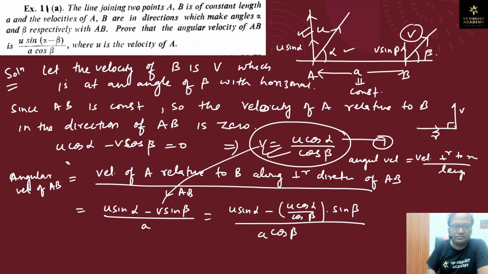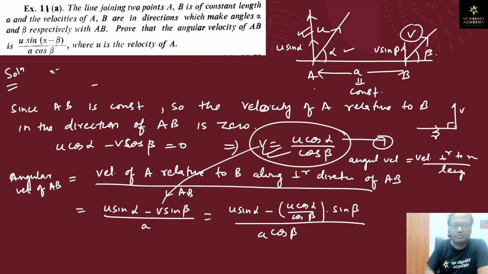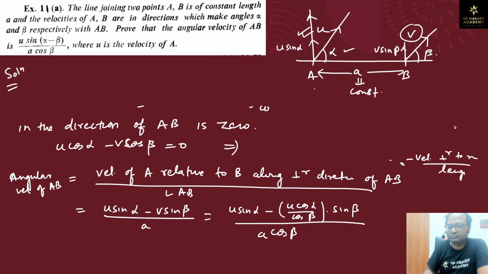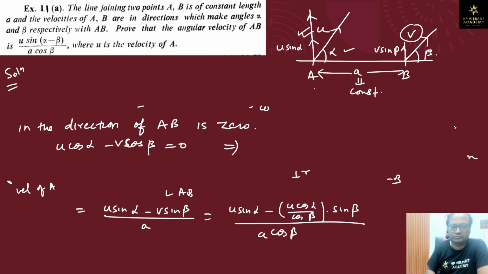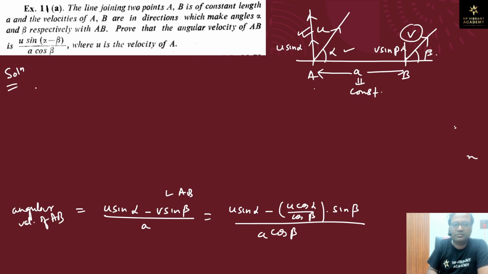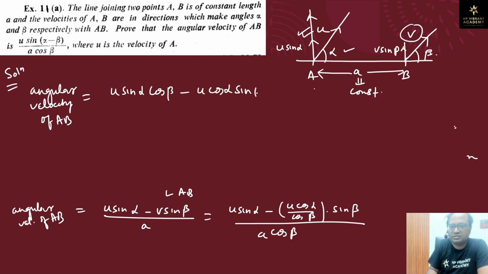So the angular velocity of AB is equal to, cross multiplying, u sin alpha cos beta minus u cos alpha sin beta upon a cos beta.